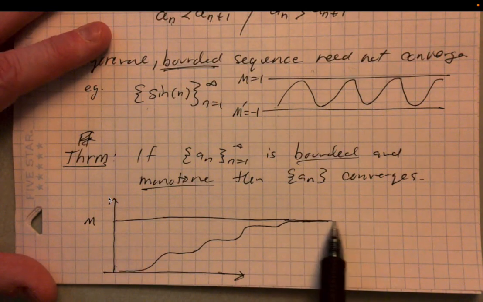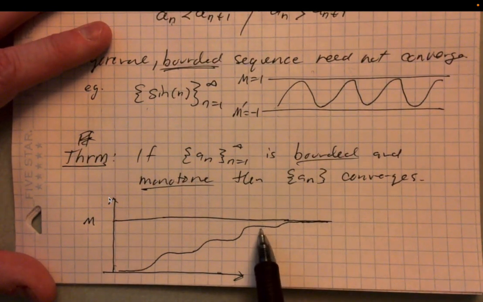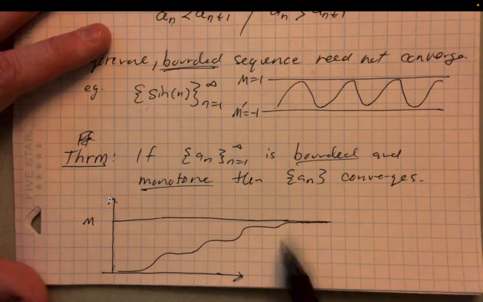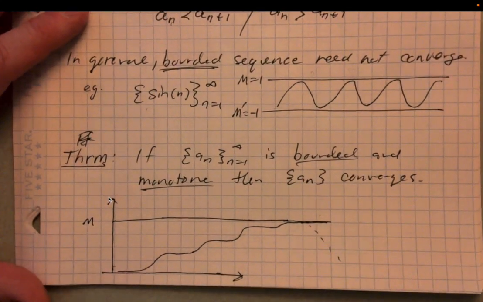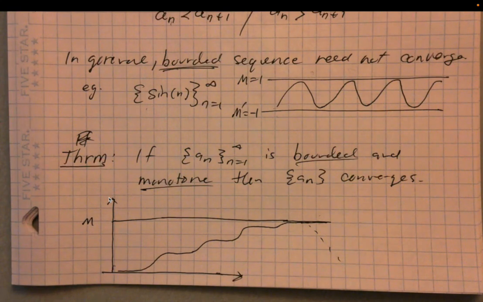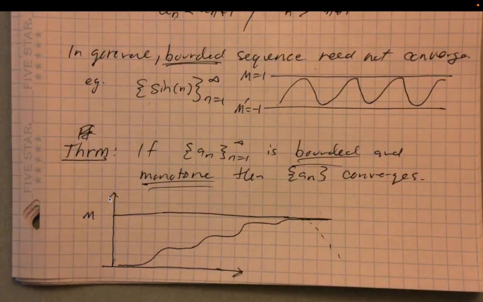It's either going to flatten out forever, in which case it converges to that value, or it's going to increase up to some limit which it never quite reaches. Because it can't come back down, it must level out to a limit or approach some horizontal upper bound that it maybe never hits. Just keeping in mind what these two words mean, it seems fairly obvious that this is true.